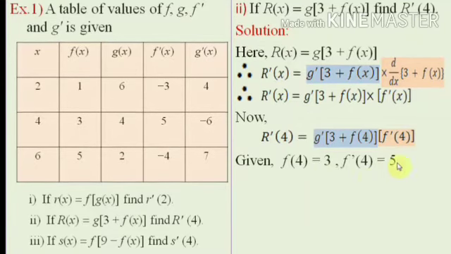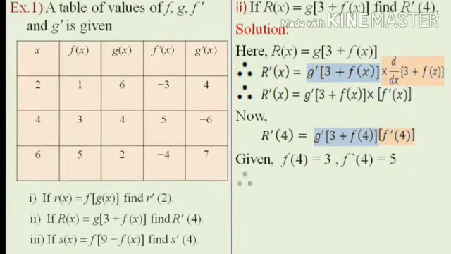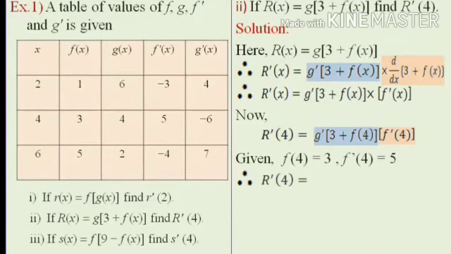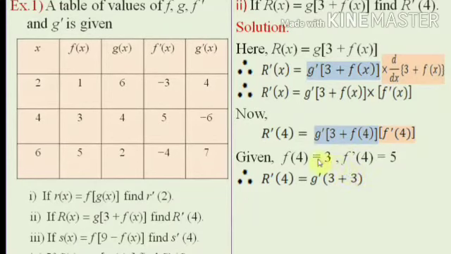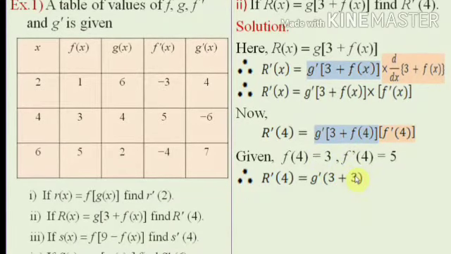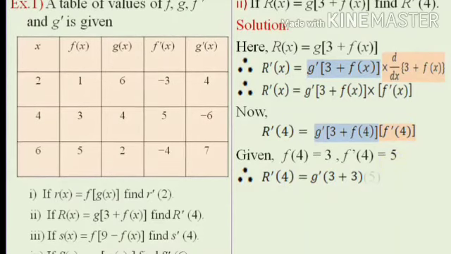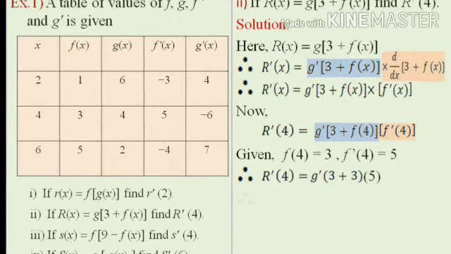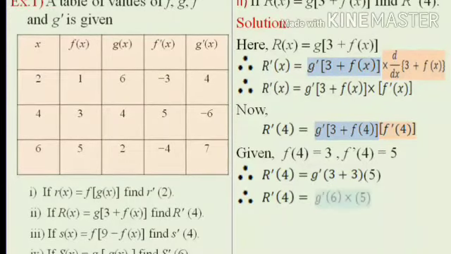Putting these values in the given equation, r dash of 4 equals g dash of bracket 3 plus the value of f of 4, which is 3, bracket complete, into the value of f dash of 4, which is 5. Therefore r dash of 4 equals g dash of 3 plus 3, that is 6, into 5.